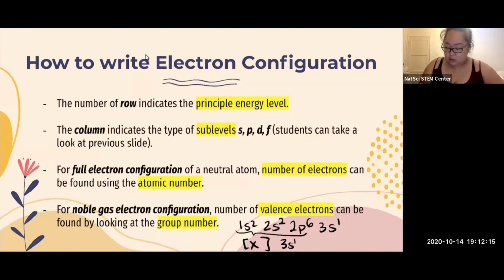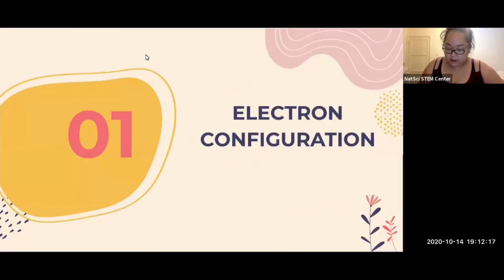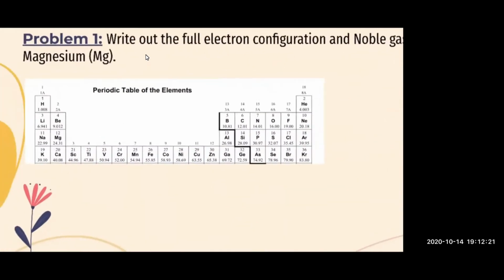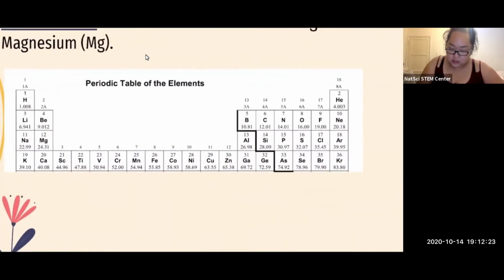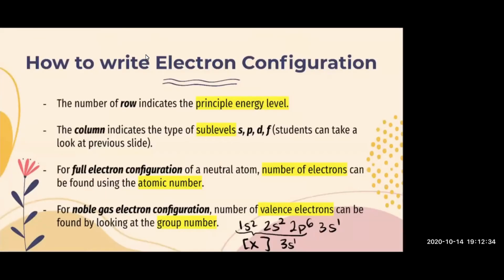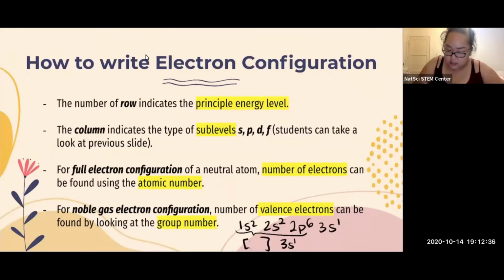In this case, if we look at the periodic table, this is your 2p6. You'll look at the noble gas here, and in this case it's neon, right? So if you were to rewrite this, you would write neon in here, and that would be your noble gas configuration right here.